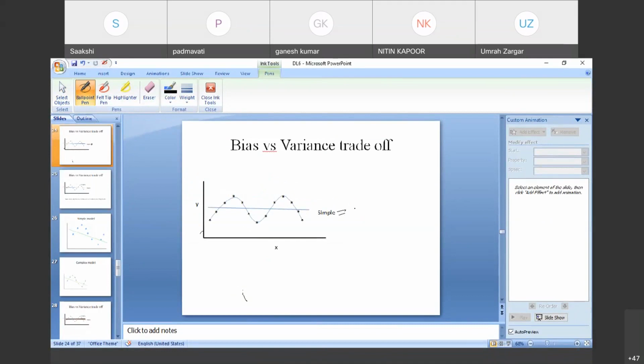I will try to build two different models. One is a simple model, the other one is a complex model.